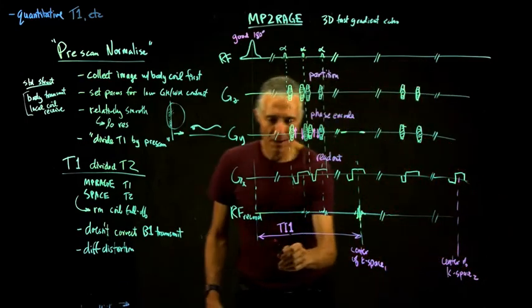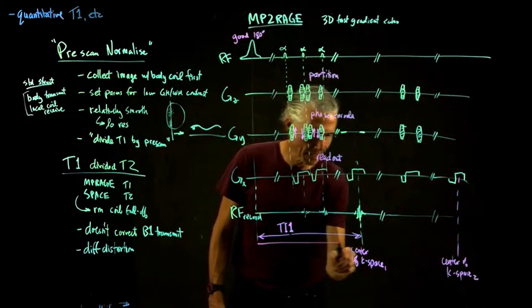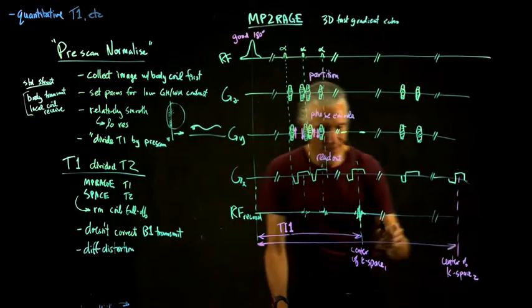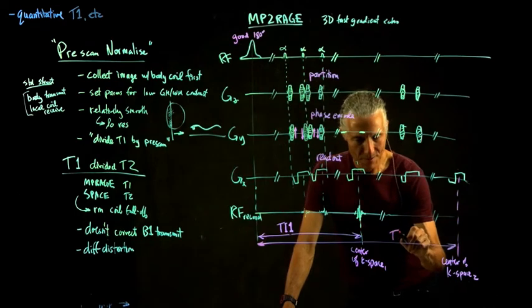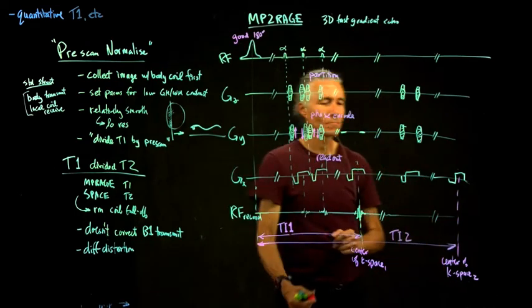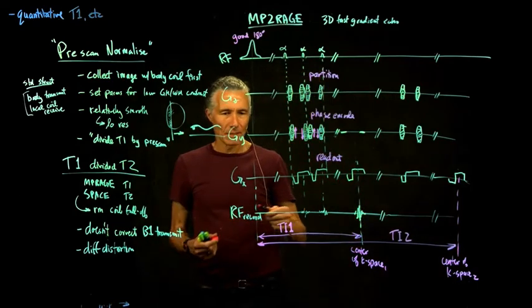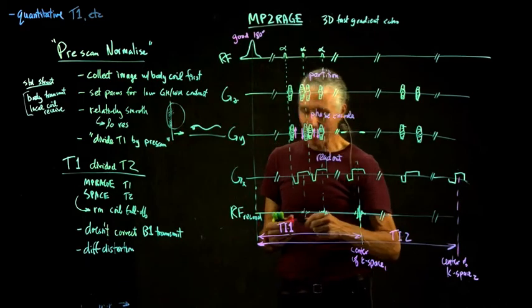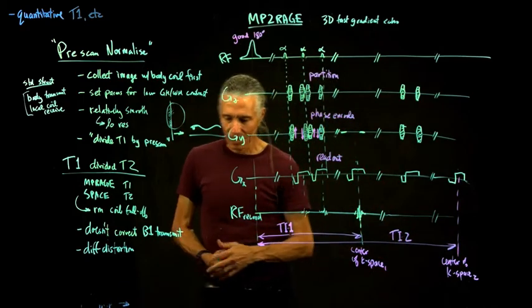That will define our second time of inversion. So this is time of inversion 2. So what we'll end up with is 2 complete 3D data sets just for one scan.